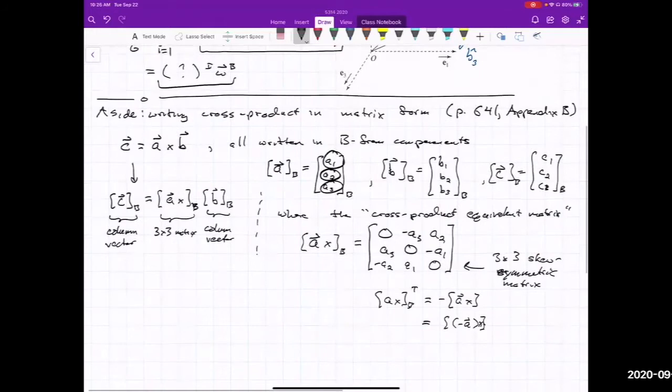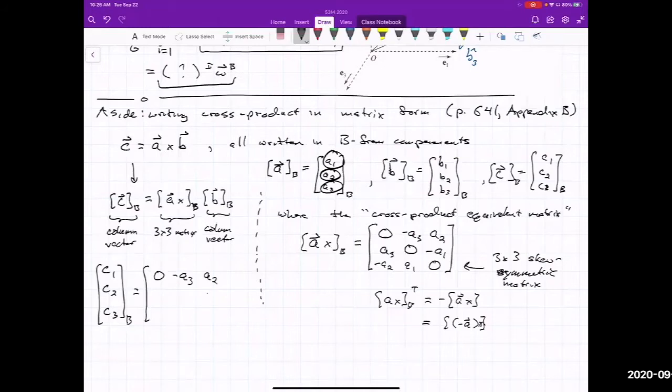Okay. So if we were to write this completely in terms of these matrices, we would have C1, C2, C3 equals this matrix, 0, negative A3, A2, A1. The diagonal has zeros, and then you flip about the diagonal and change the sign because this is skew-symmetric. There we go.